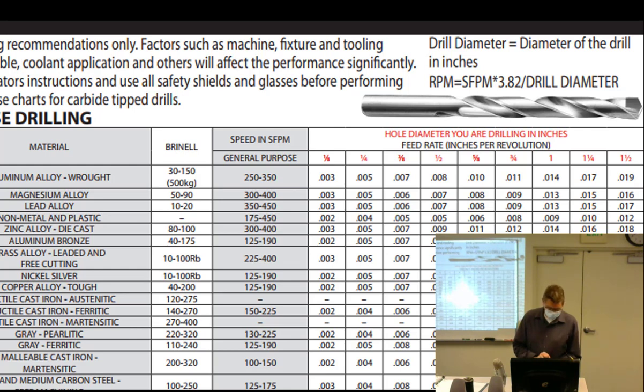So we'd say RPM is surface feet per minute, 300 times this constant, 3.82, divided by drill diameter. So it's a number 30.